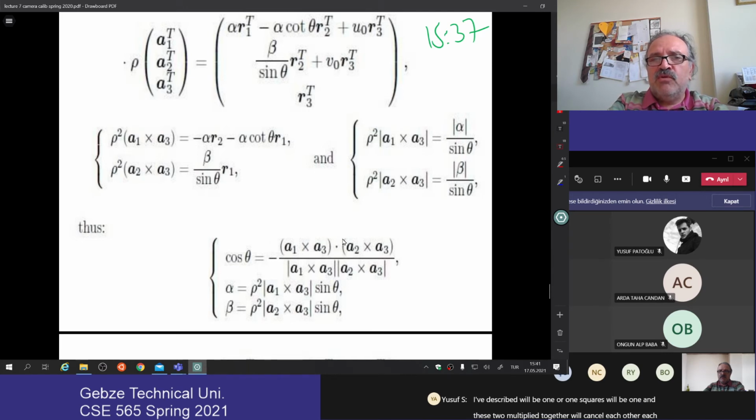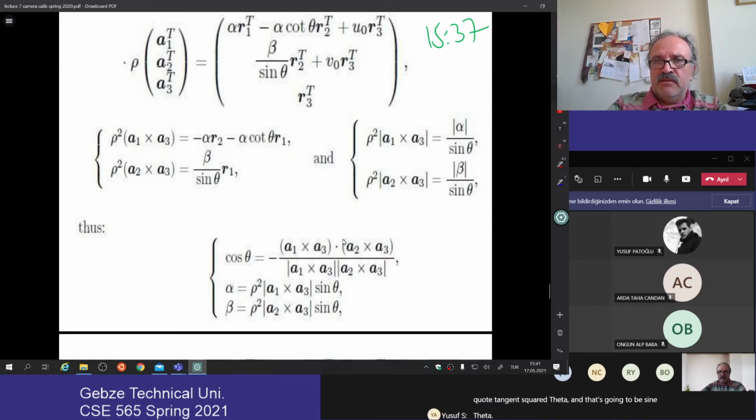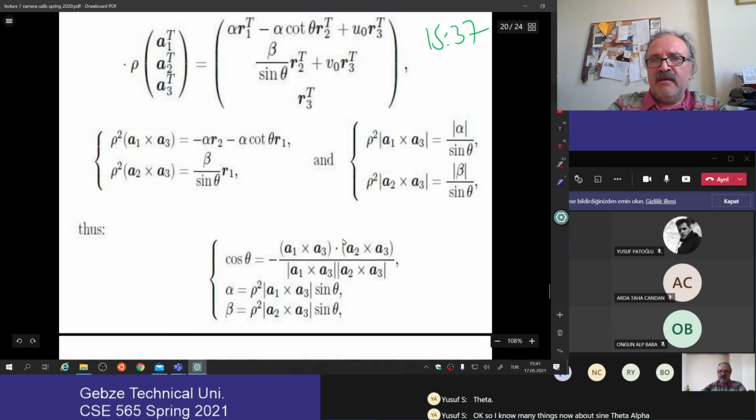So it's going to be alpha square minus cotangent square theta, and that's going to be sine theta. Okay, so I know many things now about sine theta, alpha and beta.